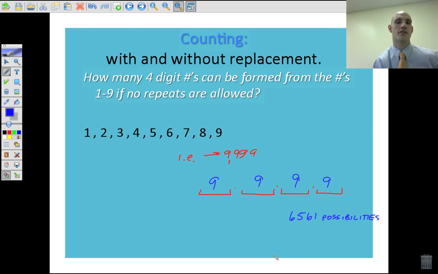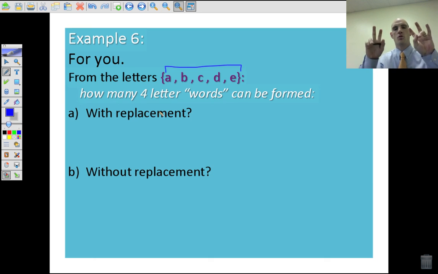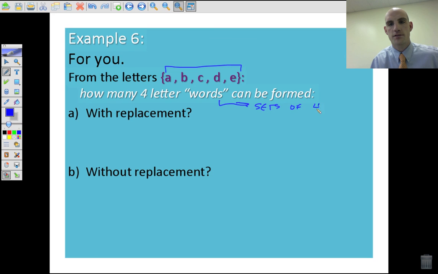So learn how to use this counting principle with and without replacement. And so these are for you. Try these on your own. If we have 5 letters here, and we're talking words, like sets of 4 letters, i.e. we have 4 boxes here.